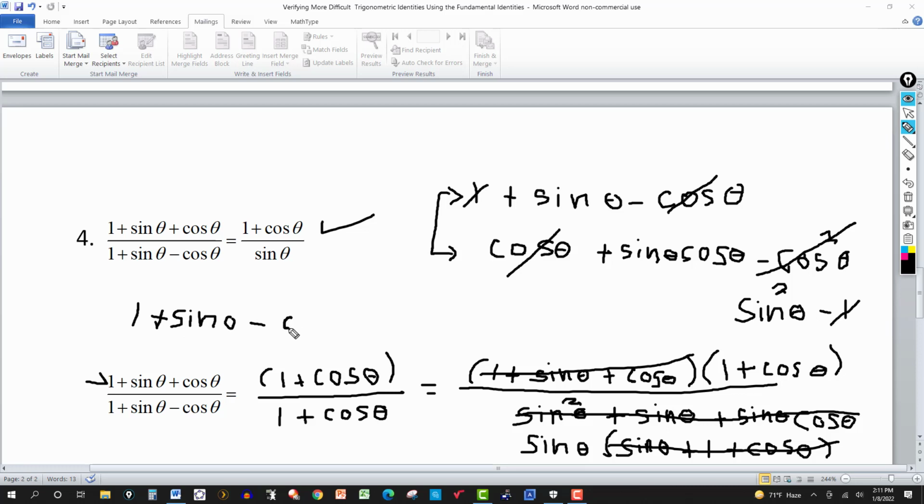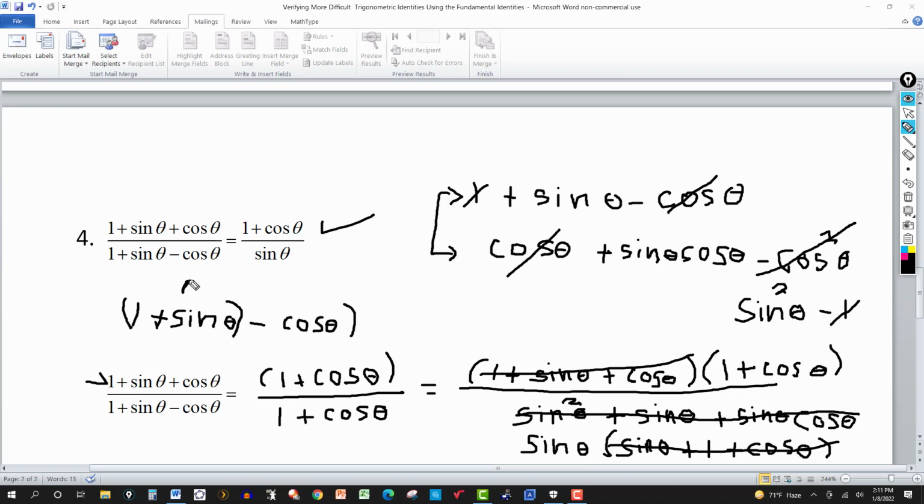He took the left side and multiplied the numerator and the denominator by 1 plus sine theta minus cosine. So you can look at this as a binomial and put parentheses here just to make it more obvious.